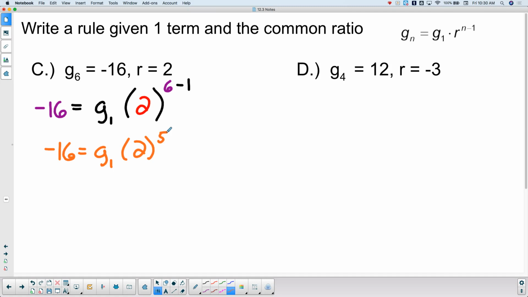So that's 2 to the 5th. 2 to the 5th is 32.